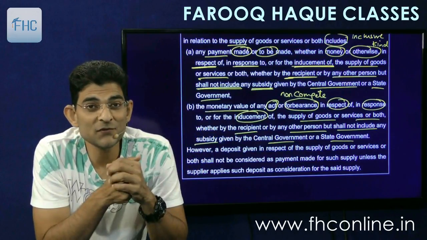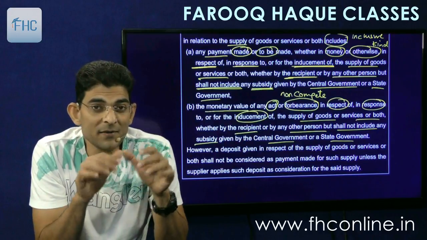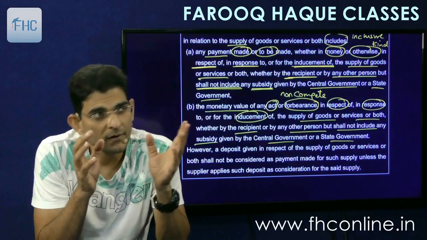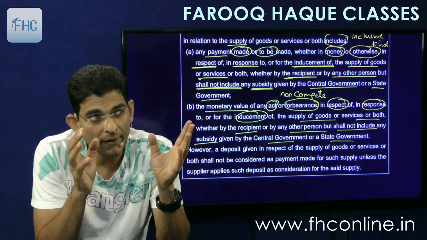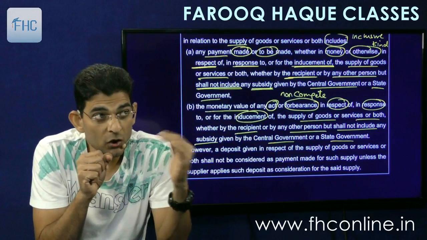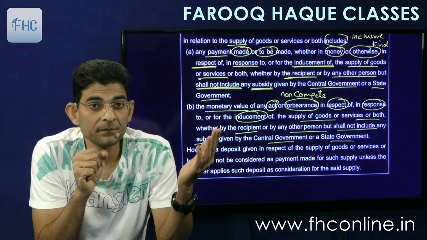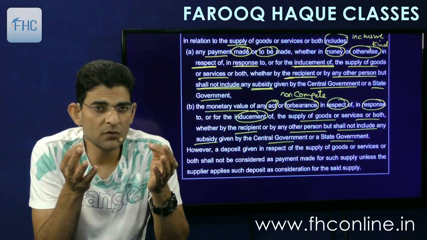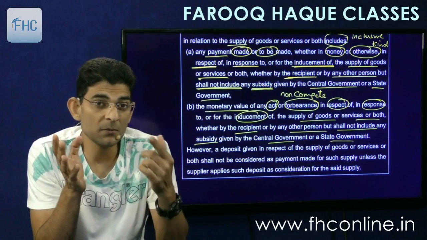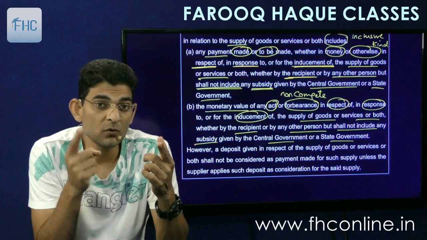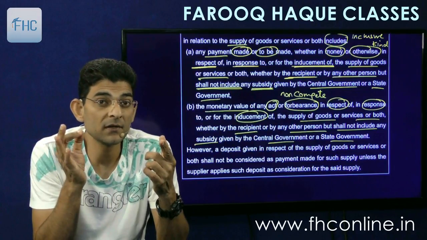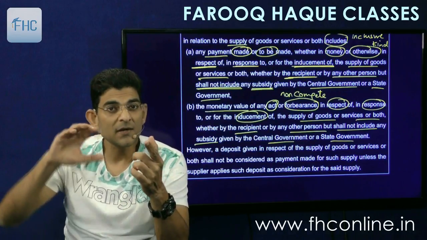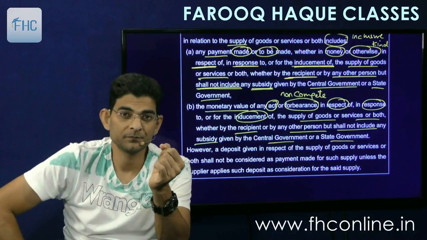Now that can be many things. Like for example, I am supplying goods to you and you give an advantage to me which you are not giving to any other person. Like for example, I supply raw material to you and you give me exclusive dealership rights just because I am supplying the raw material to you. So you are going to act in such a way that you give me exclusive dealership rights so that I can earn much bigger profits later on.